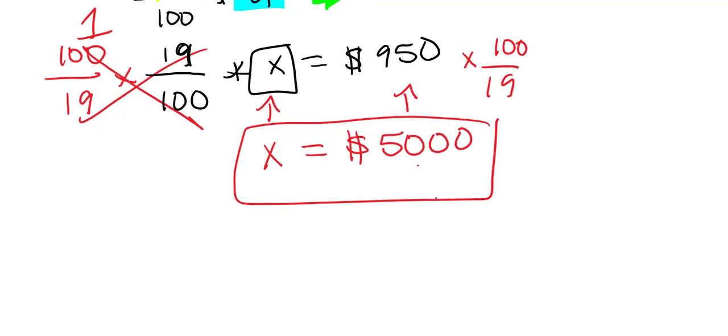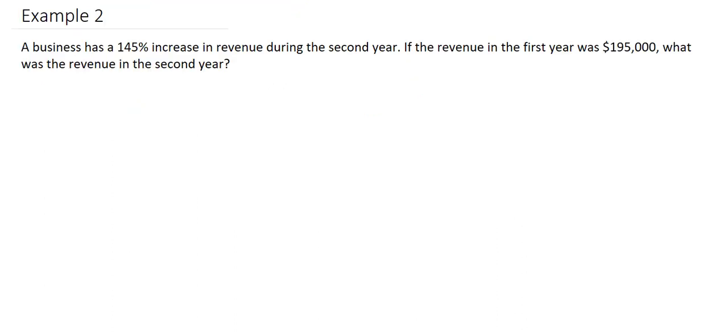Now let's go ahead and look at the second example. So example 2: a business has a 145% increase in revenue during the second year. If the revenue in the first year was $195,000, what was the revenue in the second year? So notice we have a percent over 100.